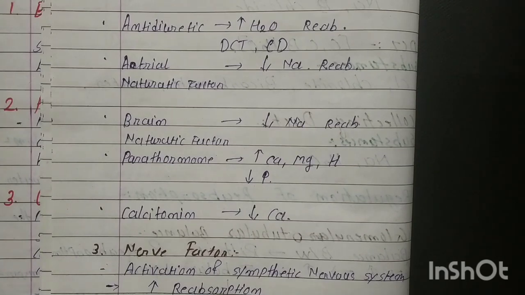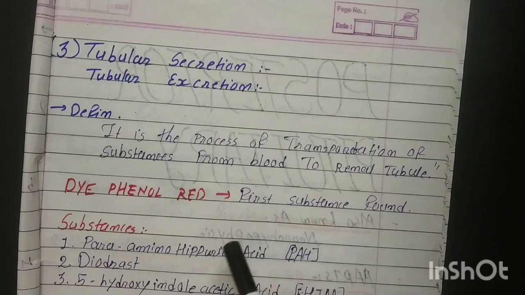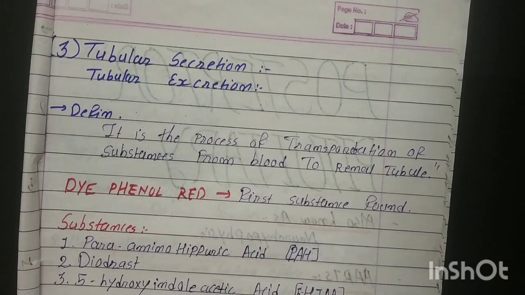So let's see the third process of urine formation. Now the third process of urine formation is tubular secretion, also known as tubular excretion. As its name suggests, secretion means some substances are added into the urine, right?